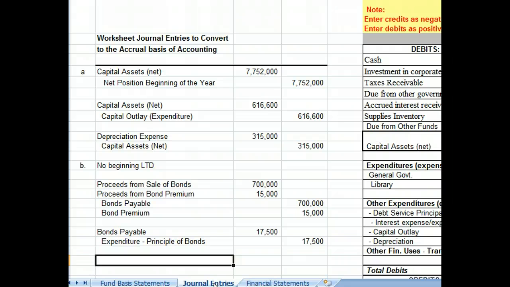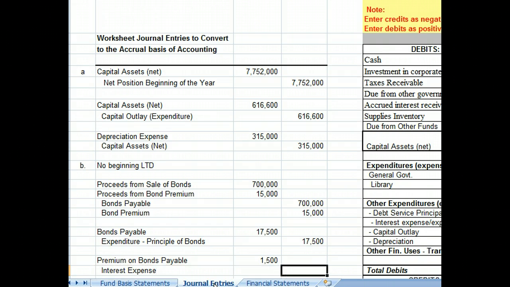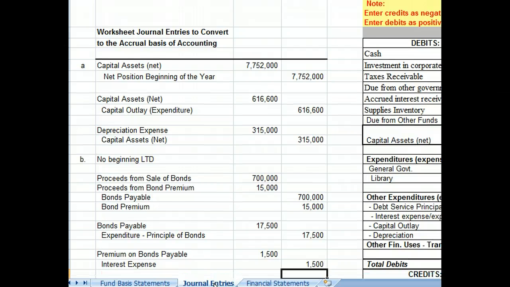We also want to record, it gave us a figure of $1,500 for amortization. So we're going to amortize some of the bond premium on bonds payable. And it gave us the amount of $1,500, and the offset to that would be interest expense, $1,500.